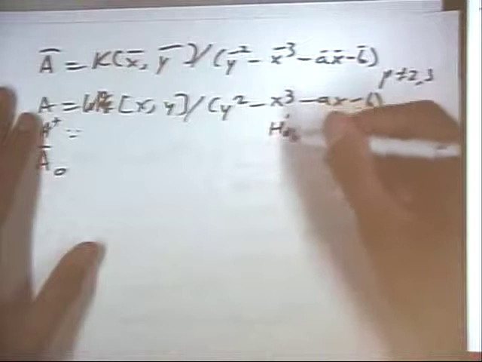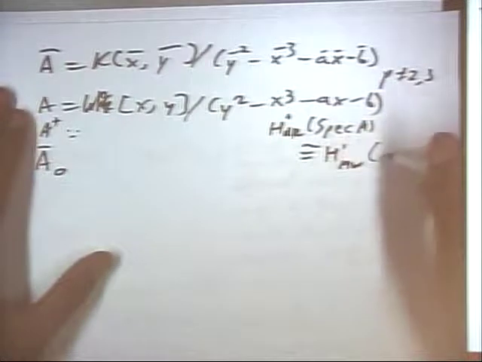It has the same generators and the same relations. It's just that when you work with a dagger, you have power series, but you use the same algebraic relations from A. So the de Rham cohomology H^1 of Spec A is the same as H^1 Monsky-Washnitzer of Spec A bar.